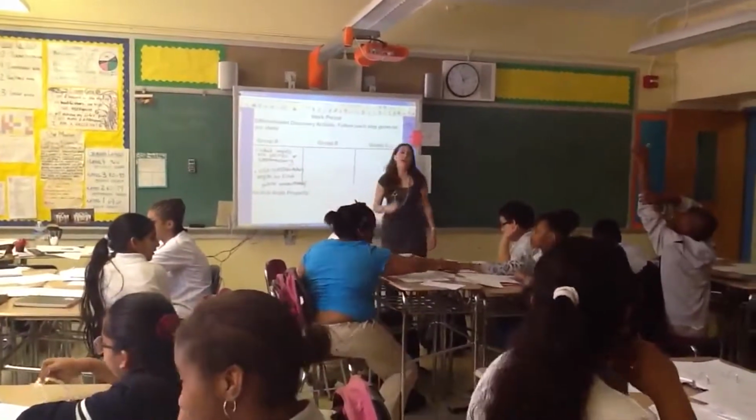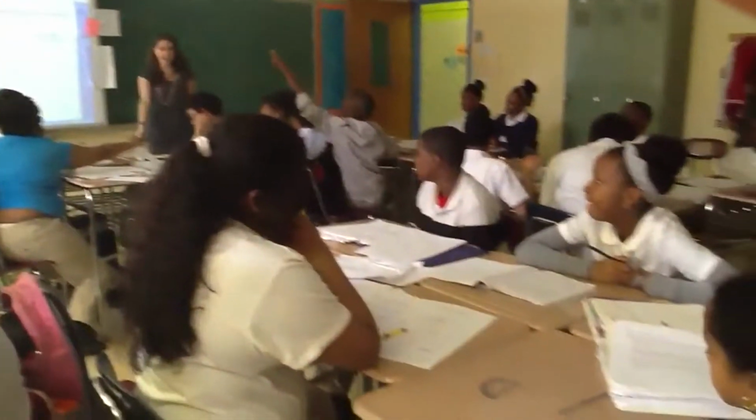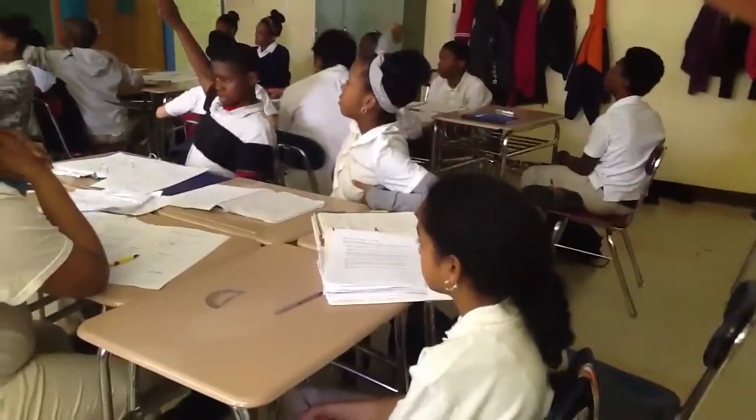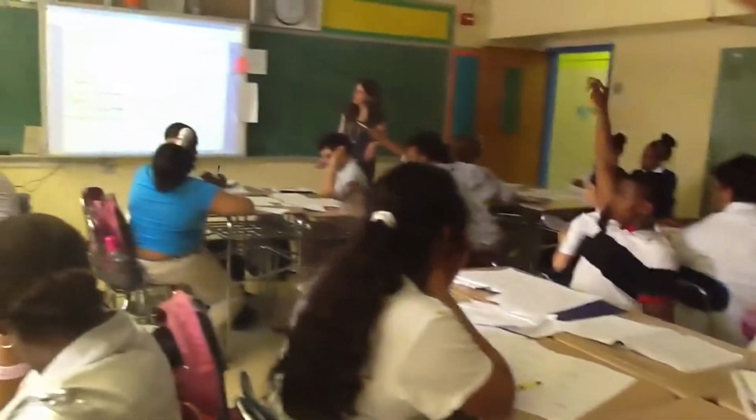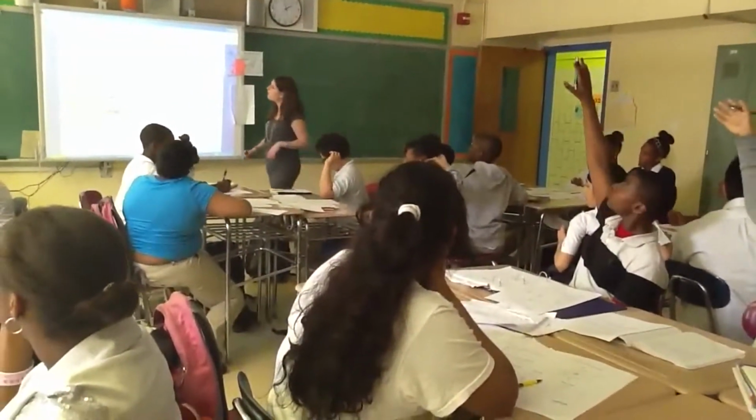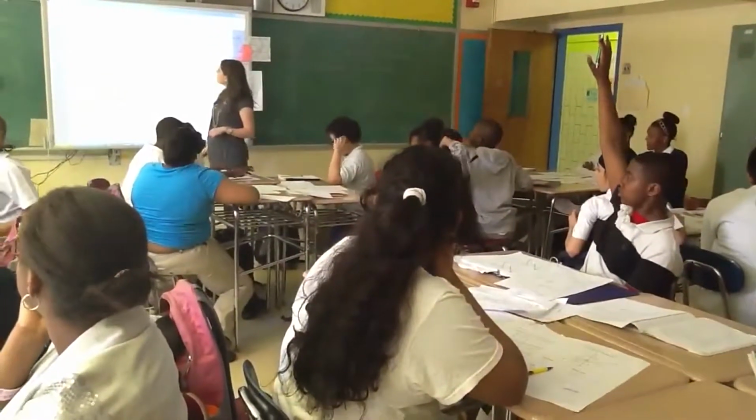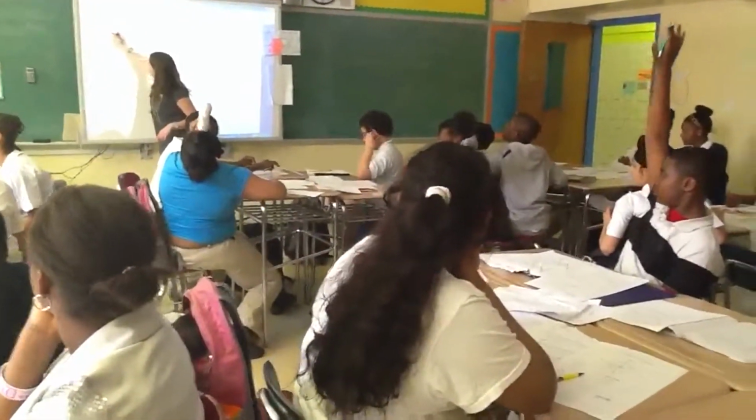Okay, group B. What are some questions you might have to ask yourself in order to complete this task? What? Okay, group B, what's something that you might have to use?